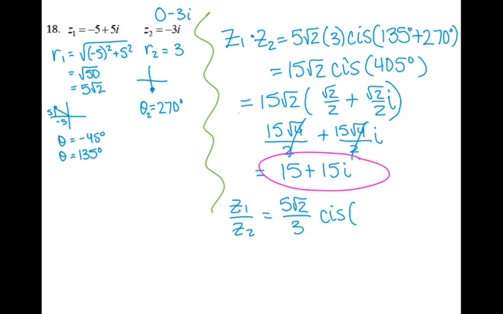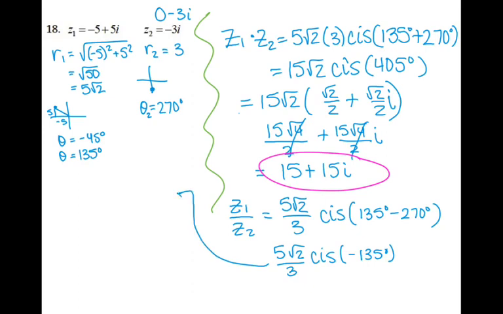So continuing with the quotient, now I actually subtract my angles. So 135 minus 270. So let's see. So 5 root 2 over 3 cosine I sine of negative 135. Ran out of space.